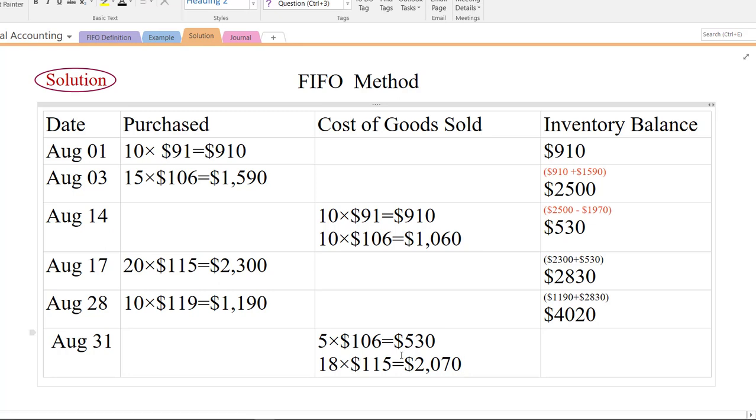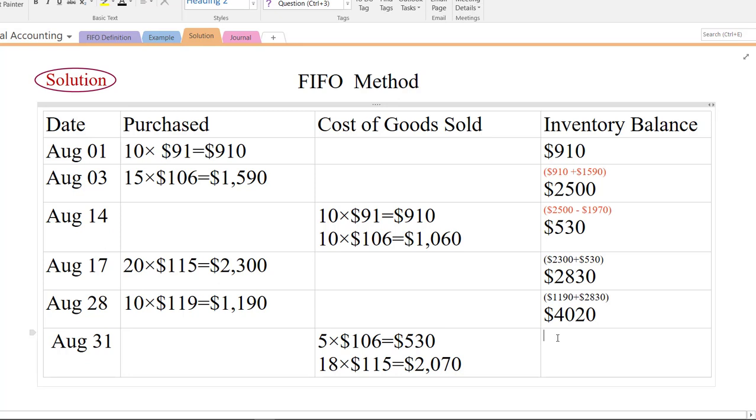530, right? This is the cost of goods sold for the first one, plus 2070, which is equal to 2600. That's equal to 2600. Now let me write the working note here.